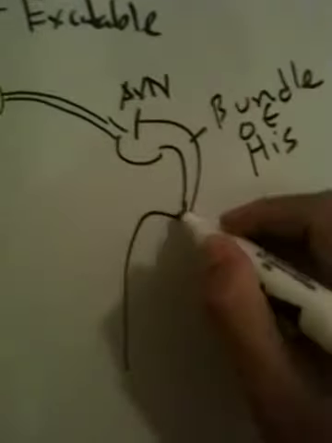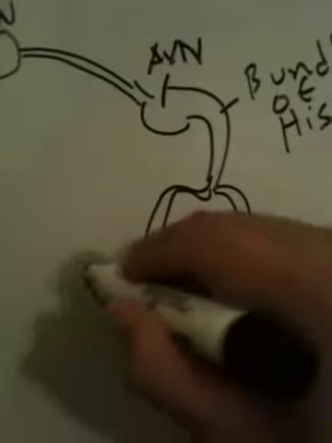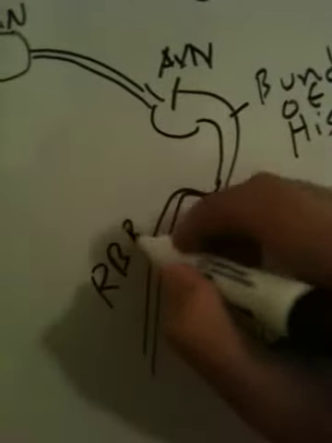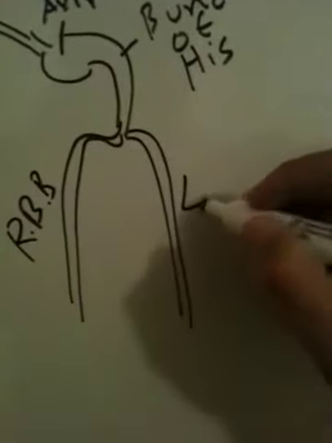It is known in medicine as the His-Purkinje system, but in this case we'll just call it the bundle of His for basic units. Here it is then sent down the pathway into the right and left bundle branch. We'll call this the right bundle branch, RBB, and this the left bundle branch, LBB.